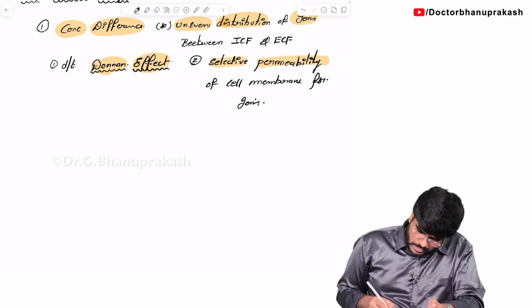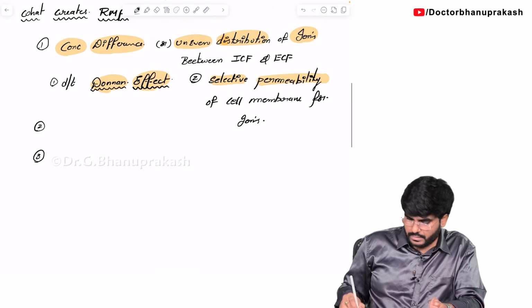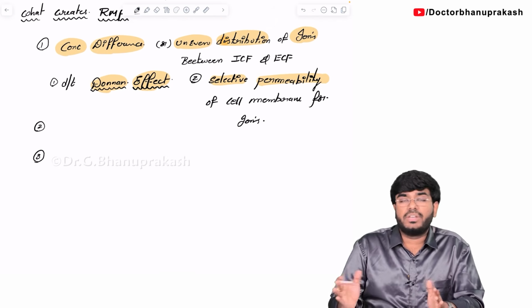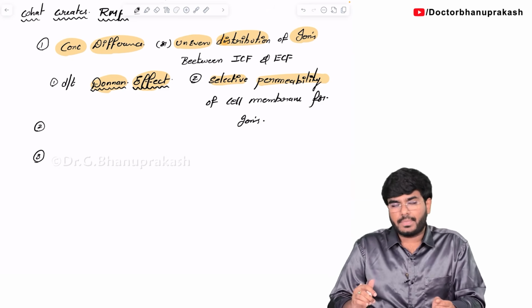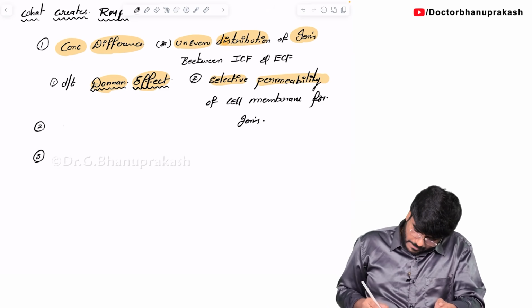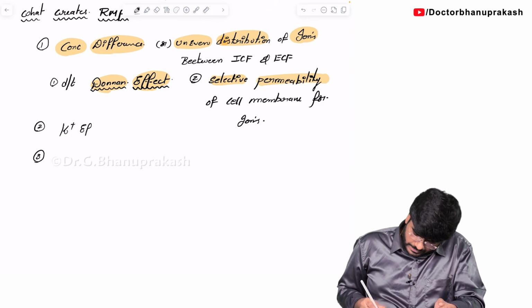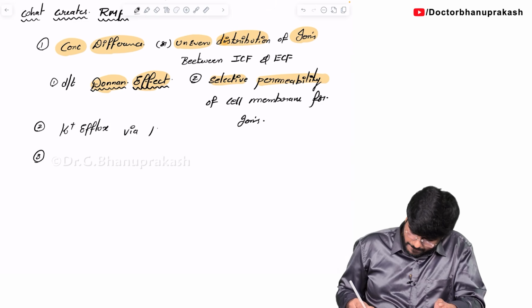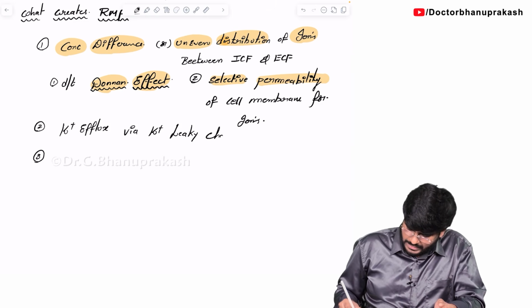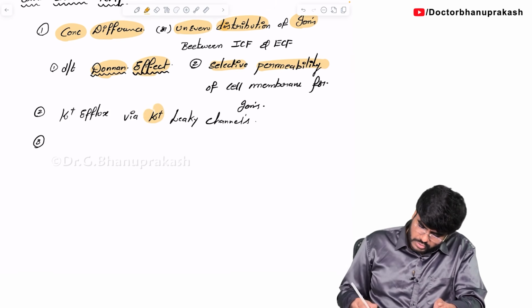Next I will explain a few more reasons for the development of the resting membrane potential. One I have told you, the uneven distribution of the ions. Next one is potassium efflux via potassium leaky channels. This is the most important reason.